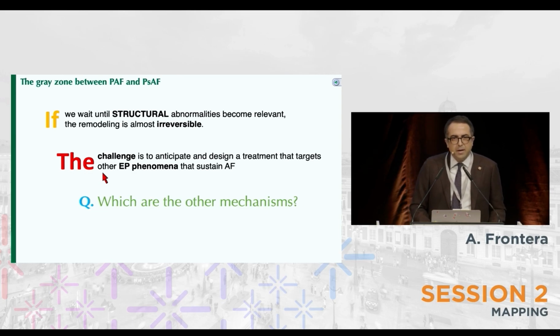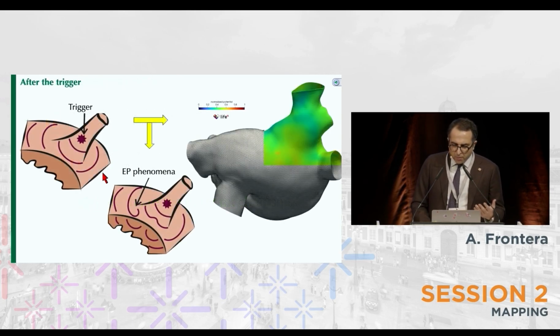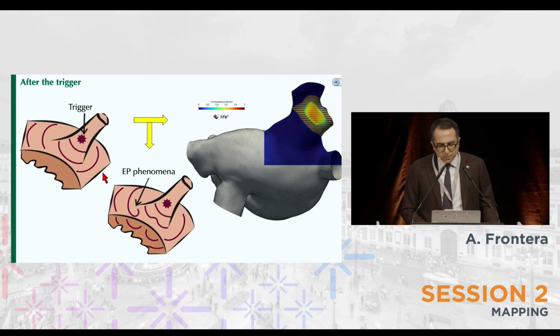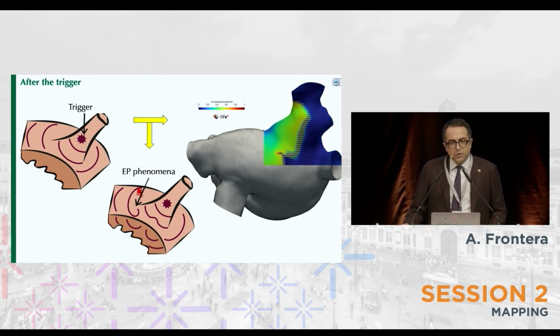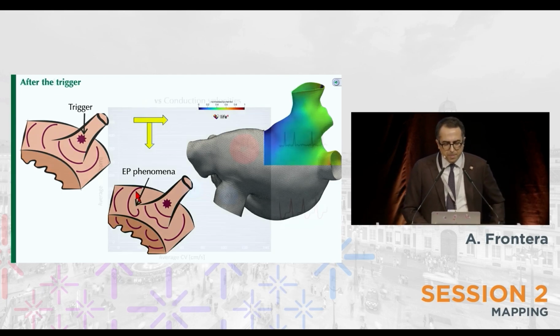So what are the other mechanisms? Everyone agrees that paroxysmal atrial fibrillation is generated by a trigger inside the PV. But what if the PV triggers other EP phenomena in the left atrium?